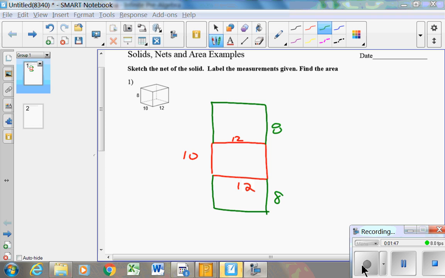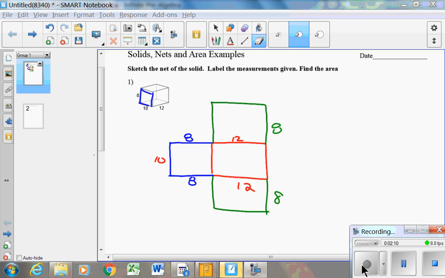If I go to another side here, I'm going to call this the left side. The left side is on the 10, and it's 10 by 8. So I'm going to draw this rectangle over here this way, and I want it to be 10 by 8 as well. And again, where the 10 is, it's on the outside edge, so it's not really floating in the middle like it looks like it is here.